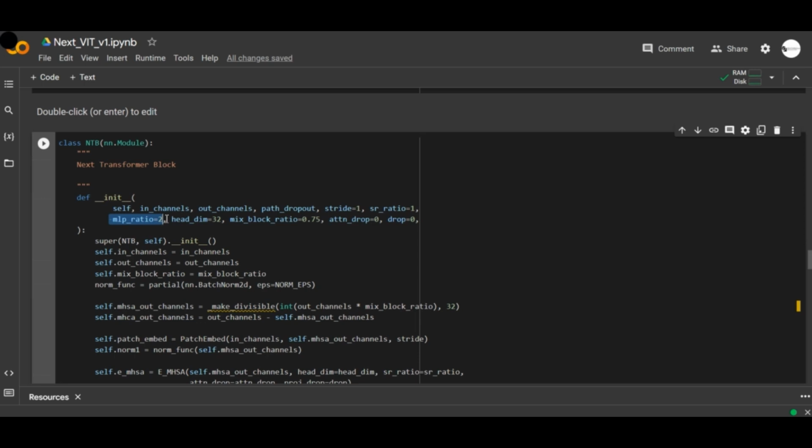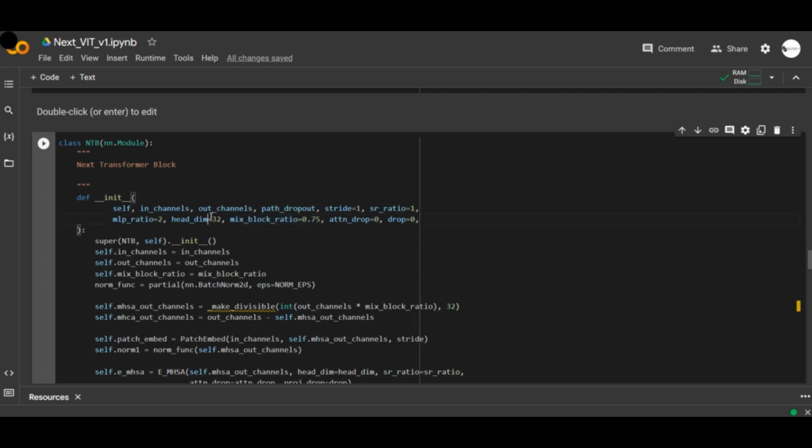Then we have the mixed block ratio. I think this one is the ratio of the number of channels used in the multi-head self-attention mechanism to the number of channels in the output tensor.